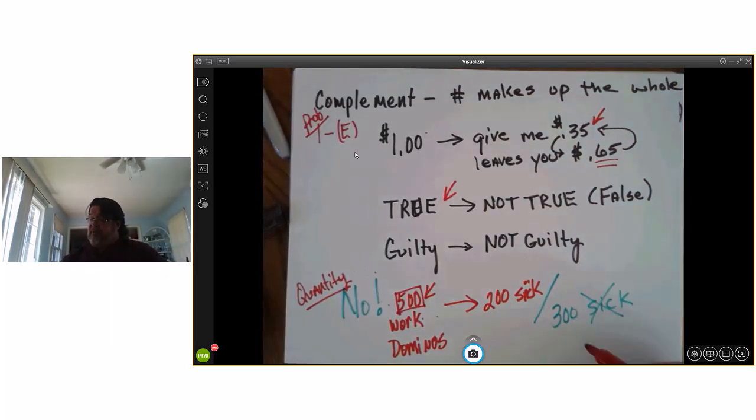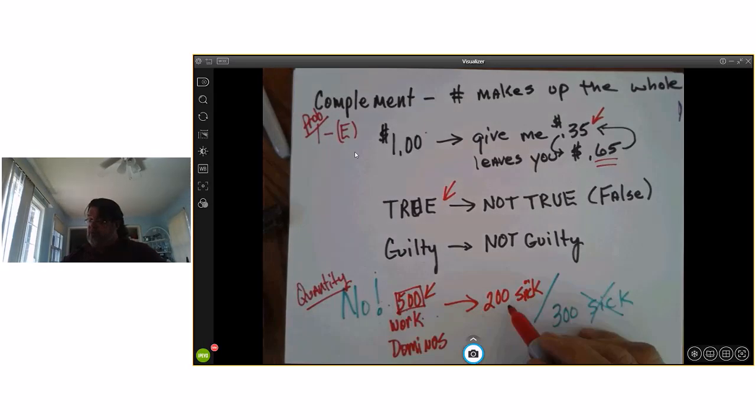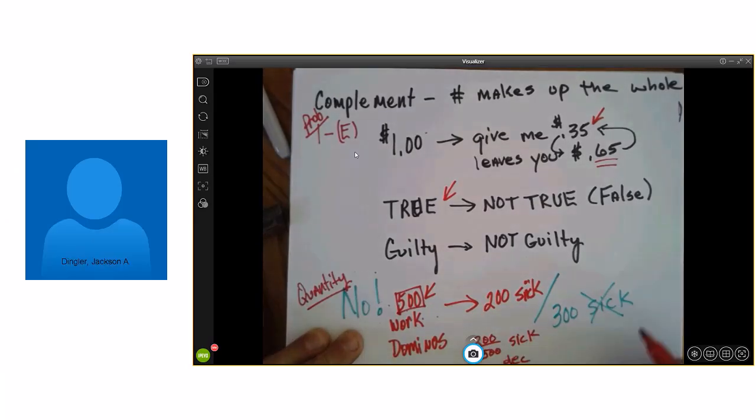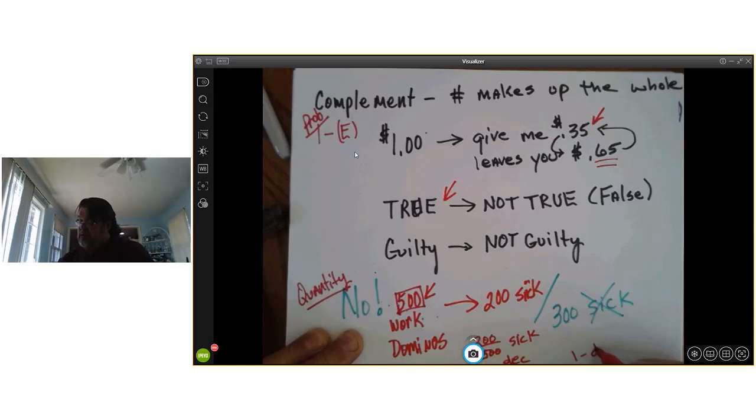All right? So what's 500 minus 200? 300. Now, if you wanted to turn this into a probability, you would say 200 out of 500 is 0.4, and that would be a decimal. And then you would do 1 minus that decimal, and that would give you how many is not 0.4.